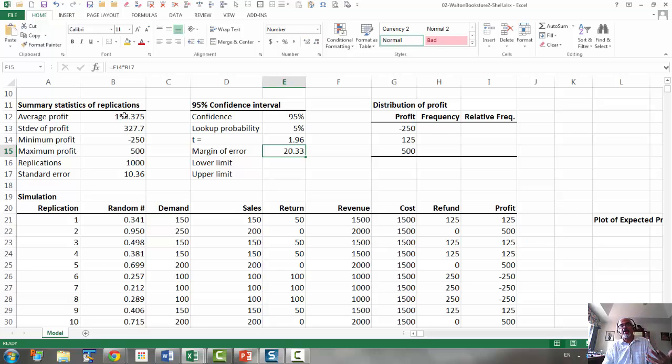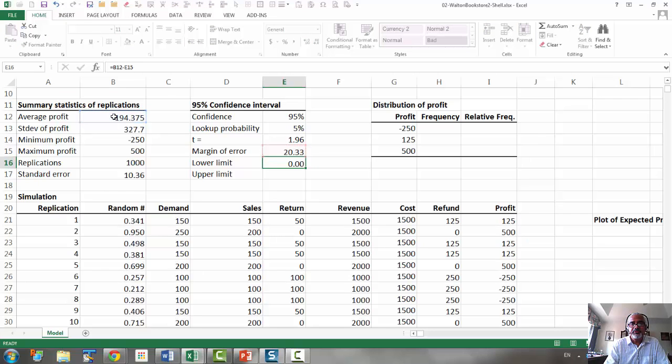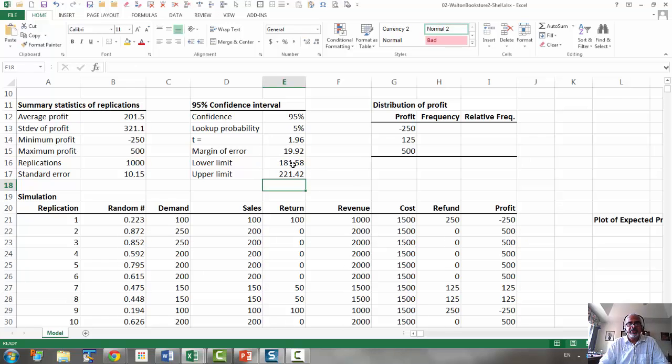Our estimate for profit is the average, and since this is an estimate, our margin of error of estimation is that. So the lower limit is the average profit minus the margin of error, and the upper limit is the average profit plus the margin of error. That will give us a confidence interval.